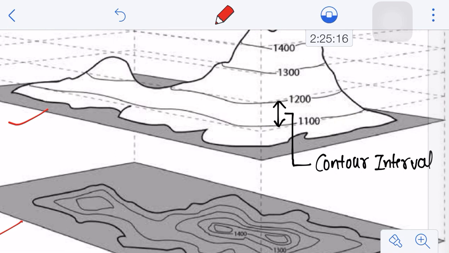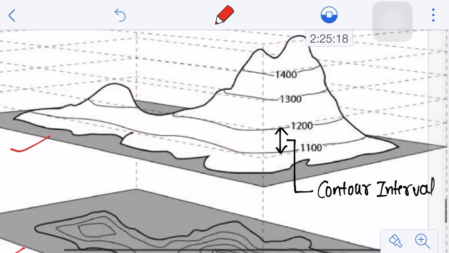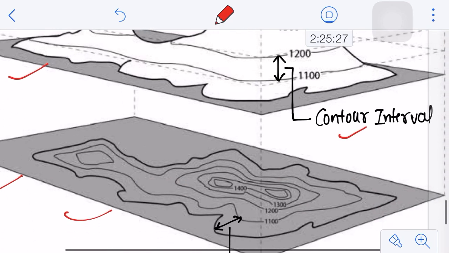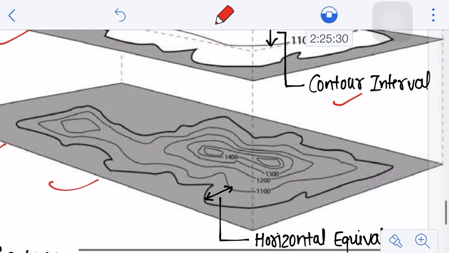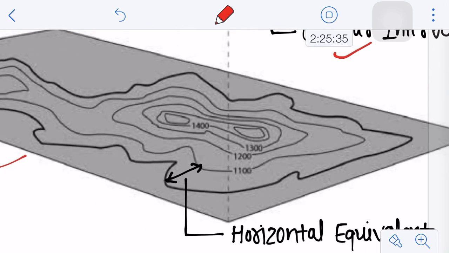Let's say for example, here if you see in this geometry 1100, 1200, so this is known as a contour interval, what I have marked here, the vertical distance between two consecutive contours, right? Similarly, we can also have another one, the horizontal distance between any two consecutive contours, that is termed as a horizontal equivalent. So it's a matter of case whether you are seeing your contour lines in terms of a plan or whether you are seeing it in terms of the actual topography.